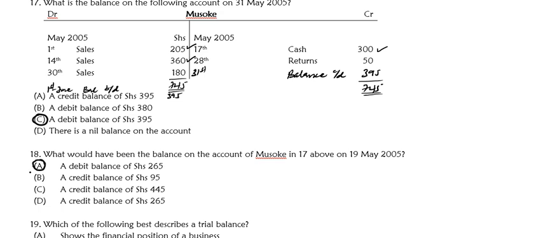When you balance it up and you bring it on the opposite side, it will get the debit balance of 265. So objective 18, the answer is A. That will be the balance on the account of Musoke on 19th May 2005. So just ignore the rest of the transactions, only consider those transactions that took place before 19th May, then you balance the account on 19th May 2005.